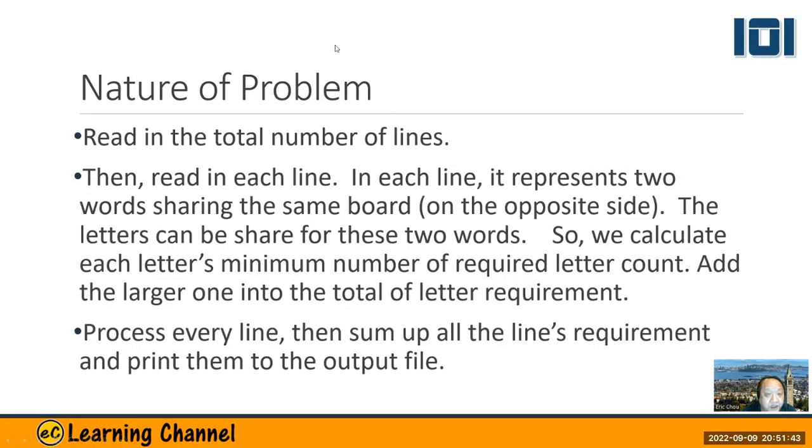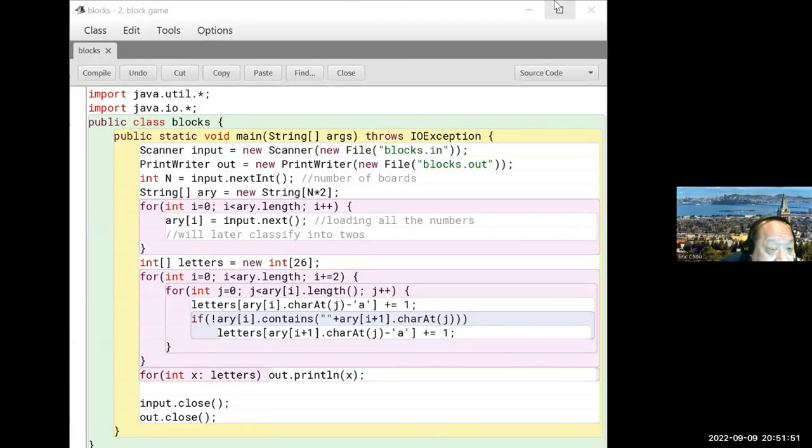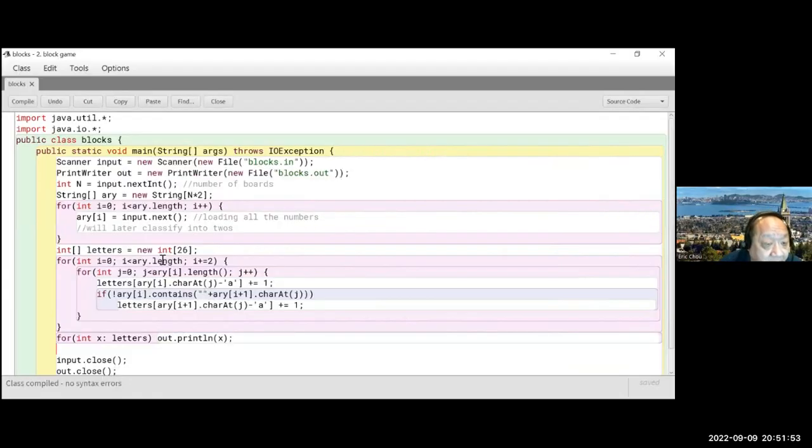Yeah, so let me check your algorithm. Let me take a quick peek on your algorithm. So you do have N, you read in as H5, you do array N times 2, left and right, that's actually okay.